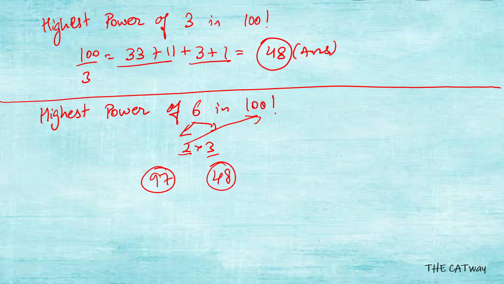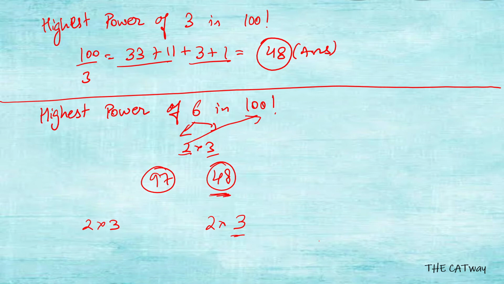See, for making a 6, we need a 2 and a 3. Acha, after 48 threes are consumed, 48 twos are also consumed. Now we are left with approximately 49 twos, but we aren't left with any 3. So if there is no 3, we cannot form a 6. Okay, so that is why we take the smaller value as our answer.